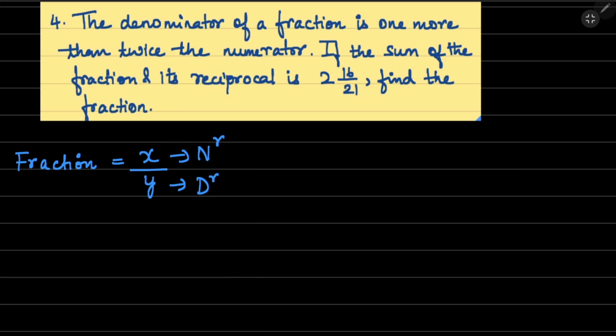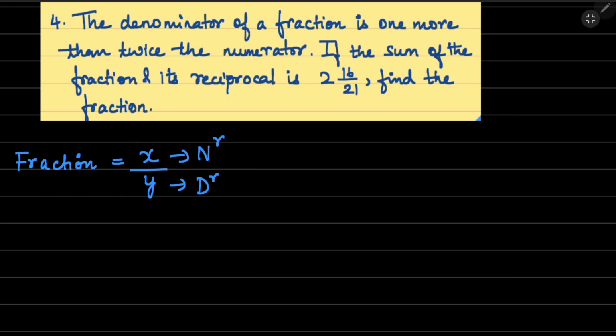So what is given here? The denominator of a fraction is one more than twice the numerator. If the sum of the fraction and its reciprocal is 2 16 by 21, find the fraction. Let us understand. Let the numerator be x, let the denominator be y. Therefore, the fraction is x by y.